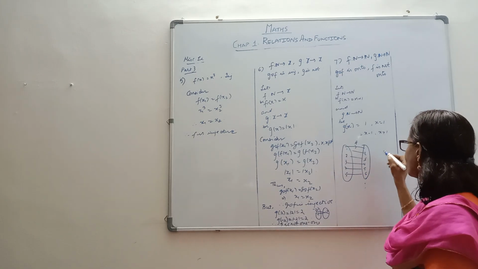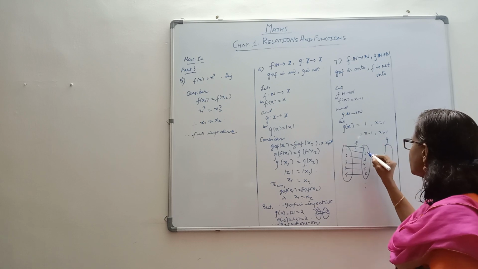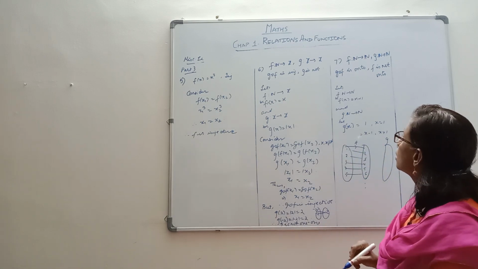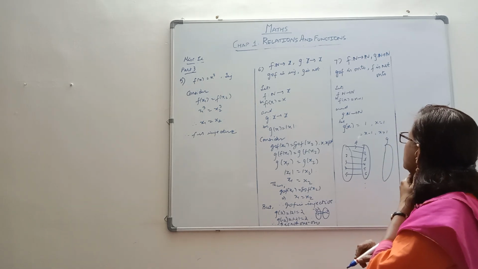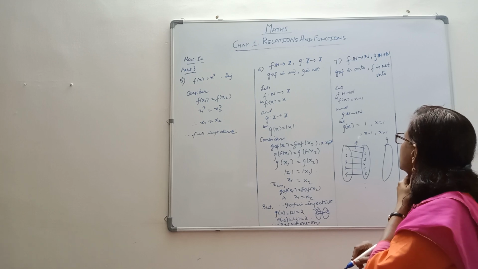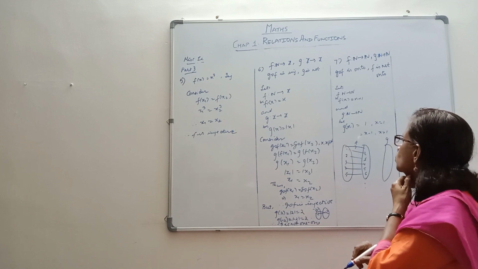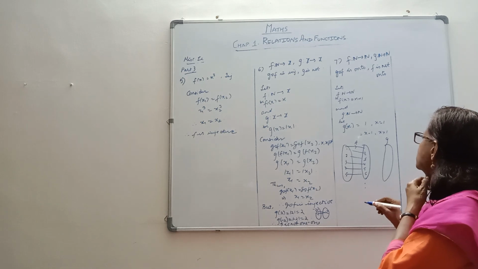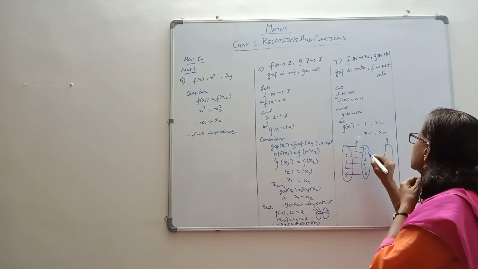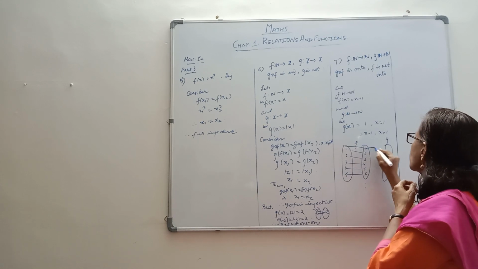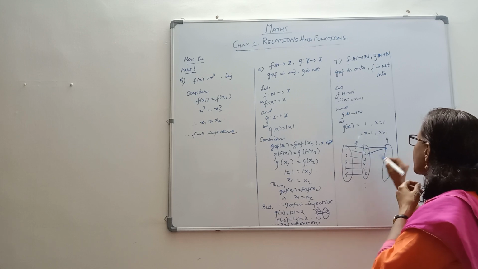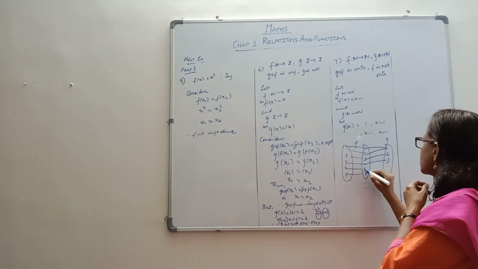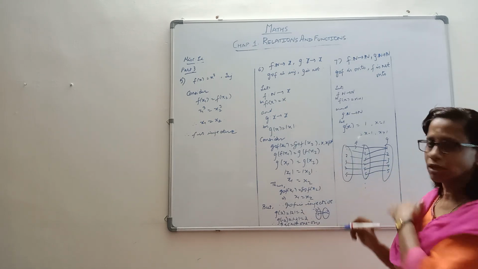And then we have this g. 1 is not coming from anything. By this definition, 1 will go to 1. 2 will go to 2 minus 1, which is 1 again. 3 will go to 3 minus 1, which is 2. This will go to 3, this will go to 4, and so on. This is how the function is defined.